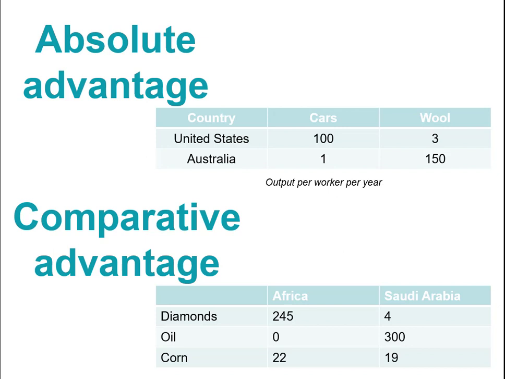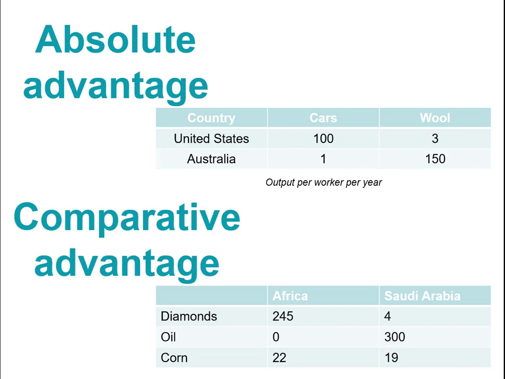Based off of this chart, the United States can produce more cars per worker for the year than Australia can. Therefore, it has an absolute advantage over Australia in being able to produce cars. That's the specific product that the United States can more efficiently produce than any other nation. Just using this as an example.